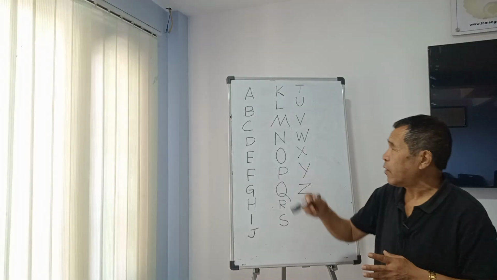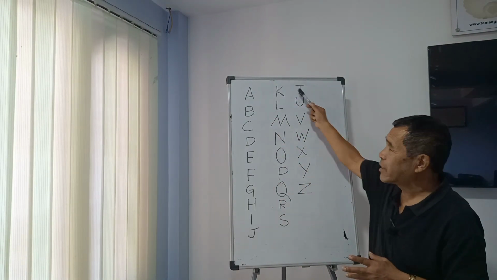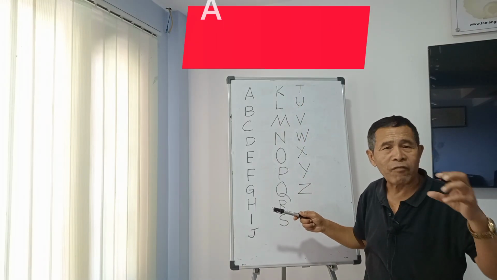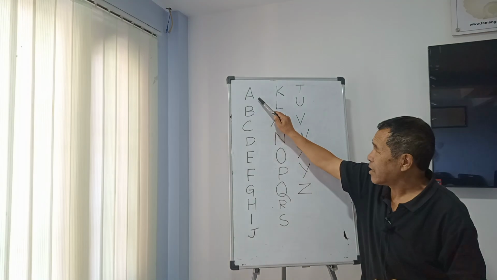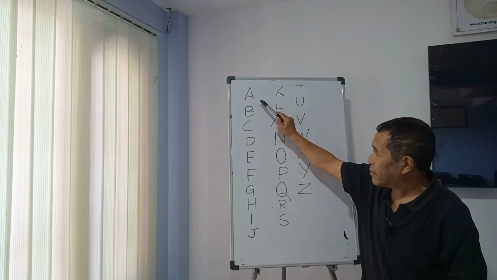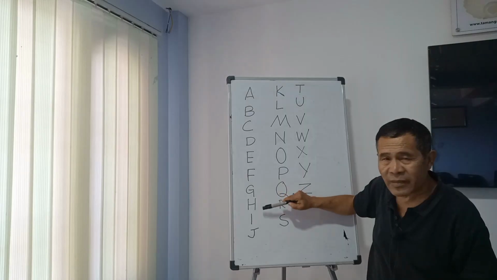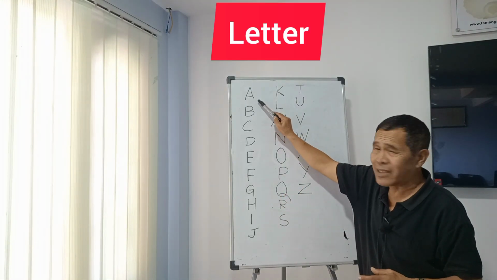So here, first of all, these 26 together we call alphabets, and when we say a single one, then we call it a letter.